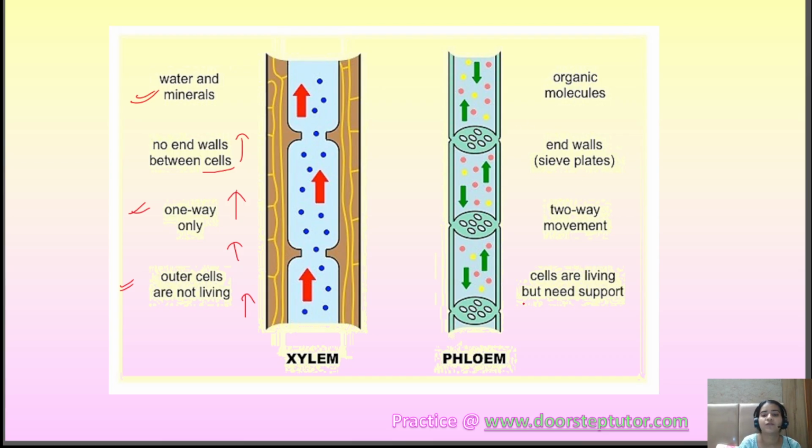While in case of the phloem, organic molecules are transported. Here end walls are sieve plates. Here we can see these are the sieve plates, and two-way movement is present. And the cells are living also, but they need support, as we know that phloem doesn't have much mechanical function. So this was about the difference between xylem and phloem.